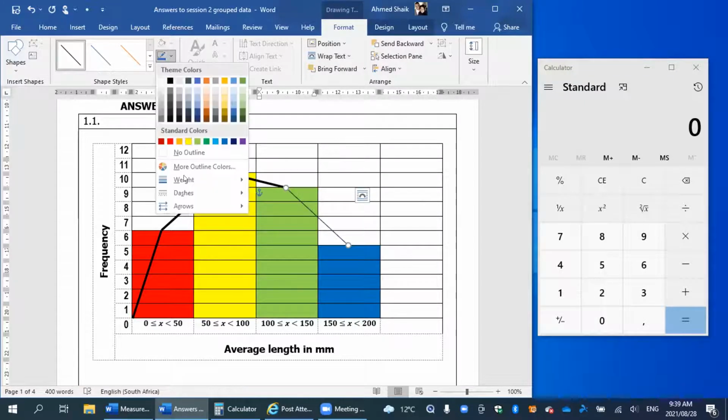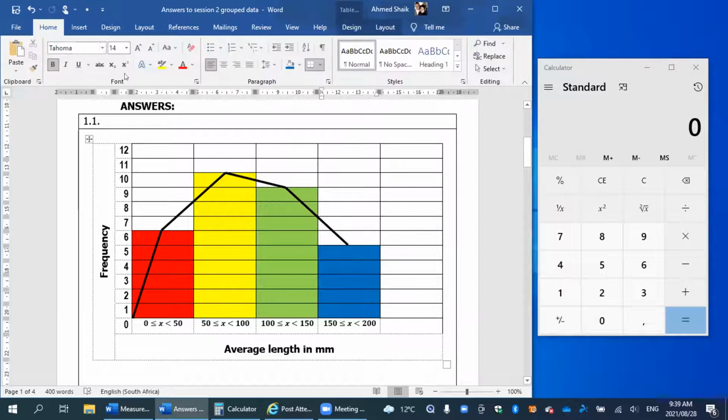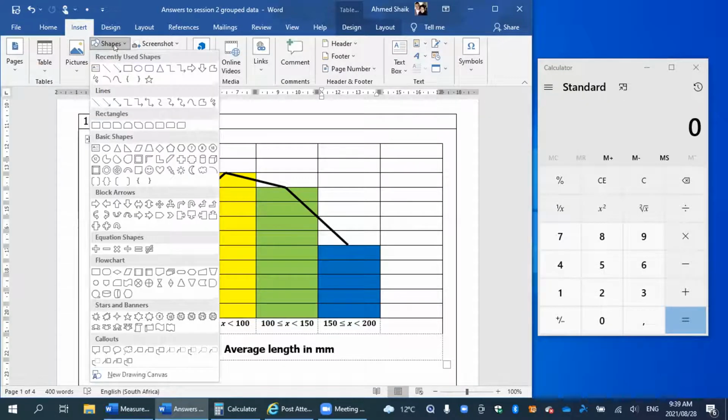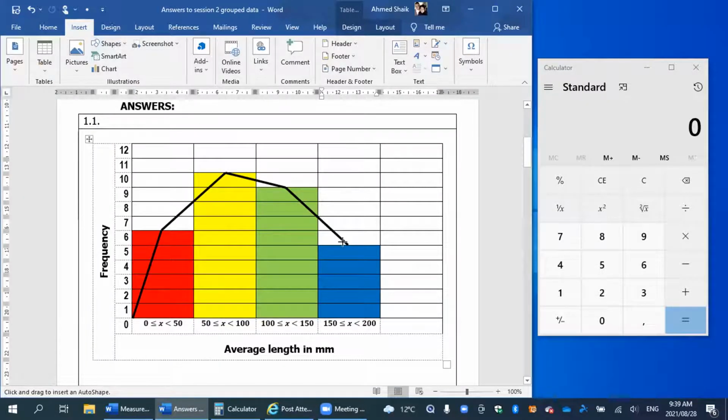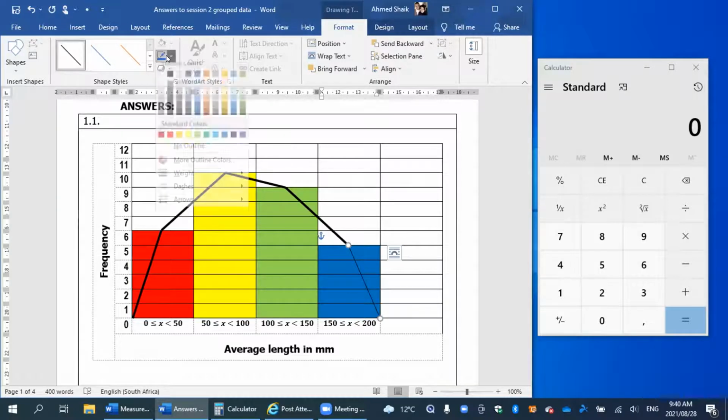Let's make that a little bigger as well. And lastly, we're going to join our last bar's center to the bottom corner. Let's make that a little bigger as well.